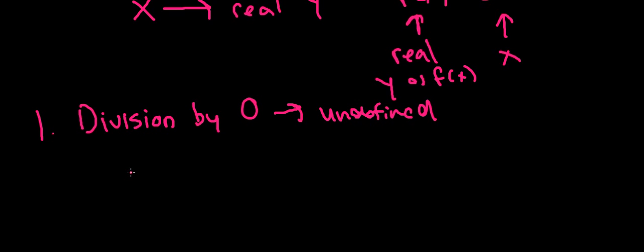So any x value that would make us get a 0 in the denominator would not be included in our domain, because it would cause us to divide by 0, which would therefore be an undefined answer.